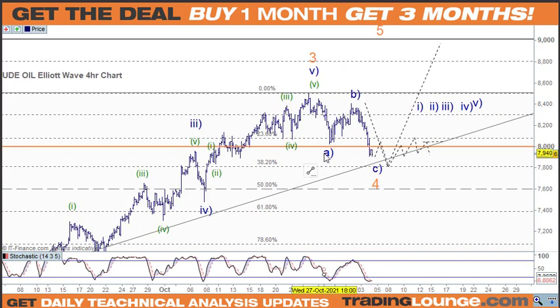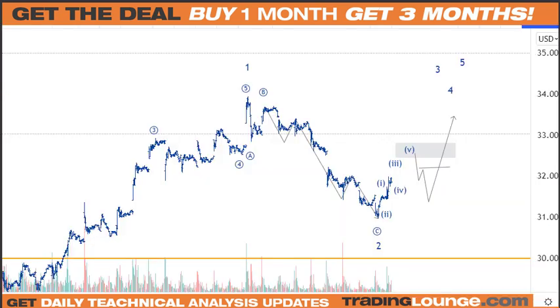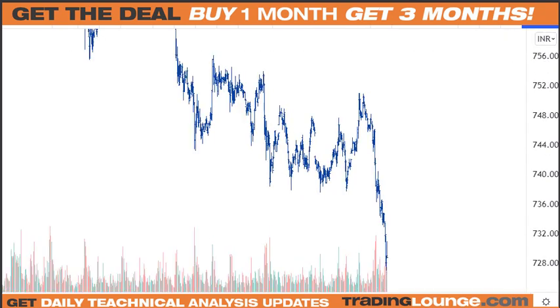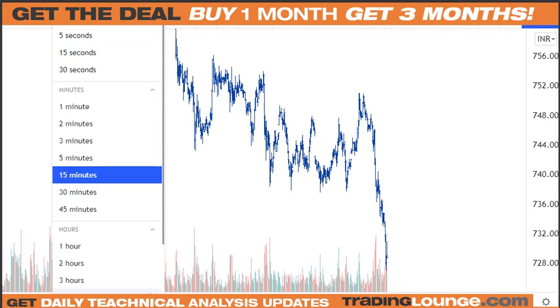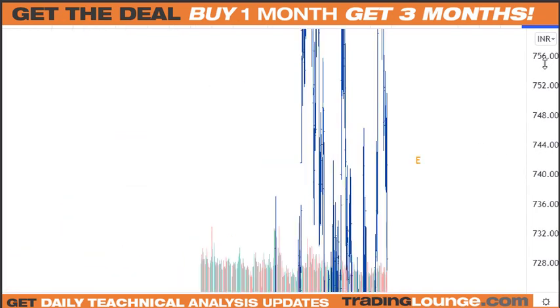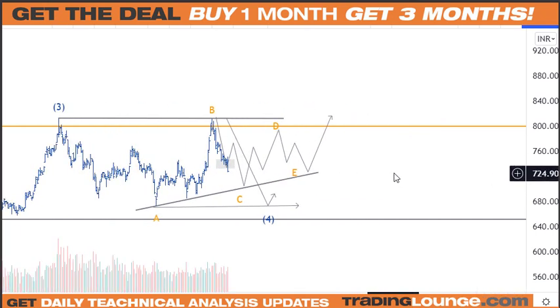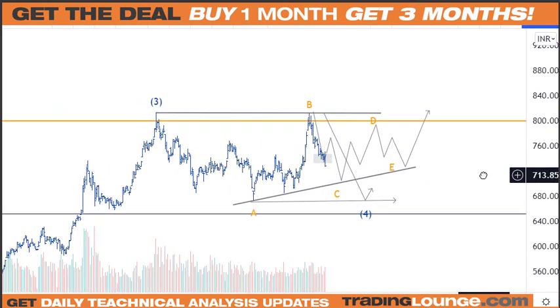So that's all good, and I'll just bring the other charting program back up, and we need to have a look at copper. I don't particularly have any answers for this just yet, but what I can tell you is that we're definitely in a wave 4 correction, so if you're in copper stocks, you can expect them to go up at some point.